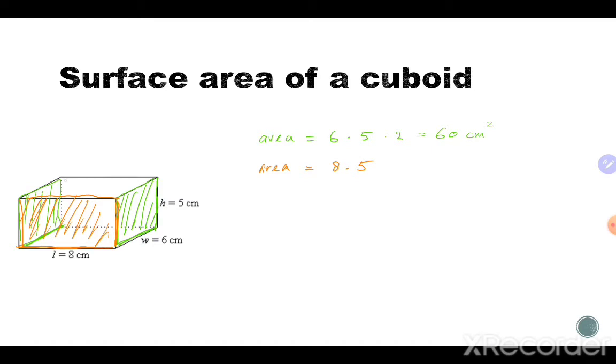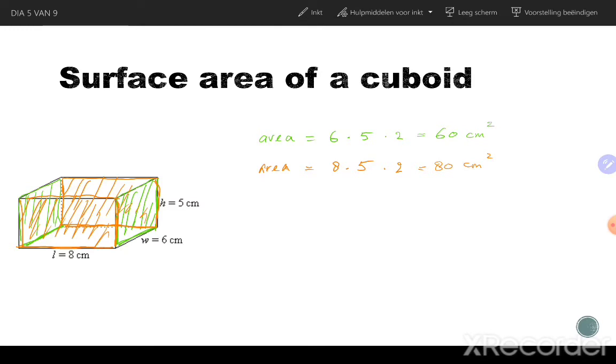But the back has exactly the same area as the front side. So there you go, we're going to multiply it again by 2. So 8 times 5 is 40, times 2 is 80 square centimeters.